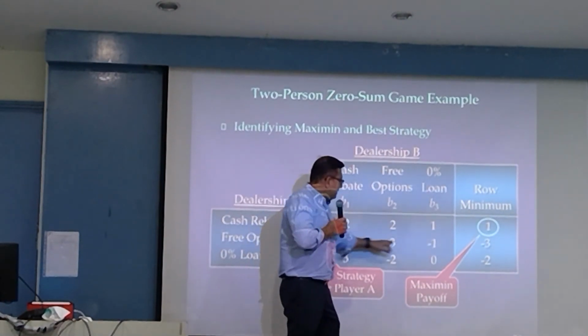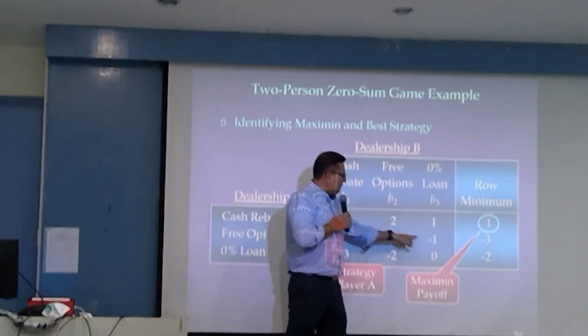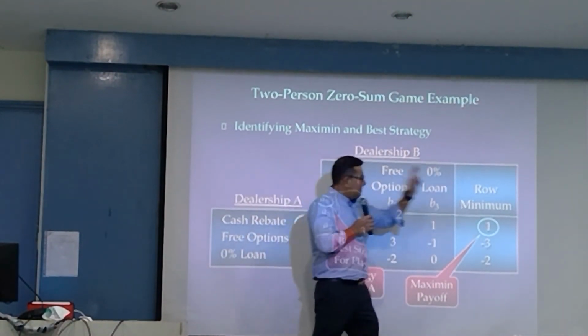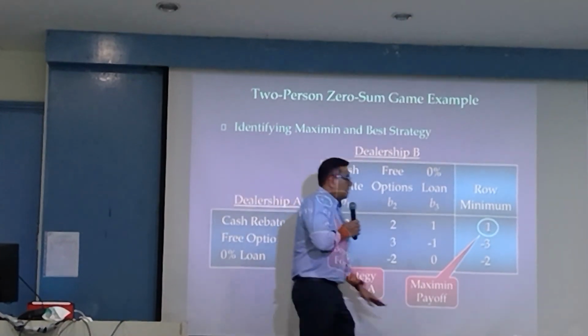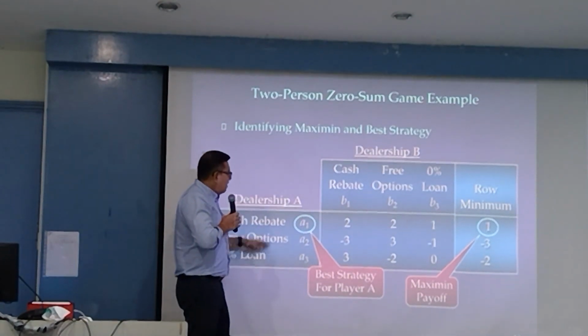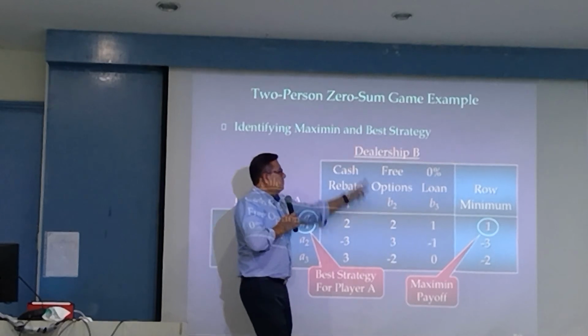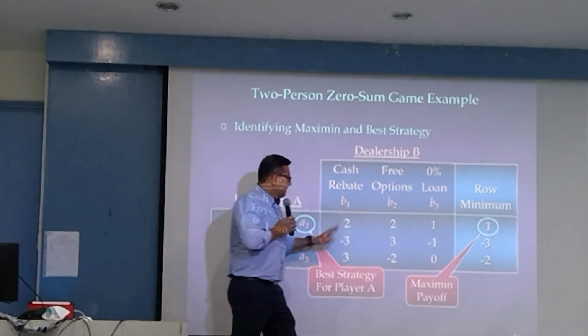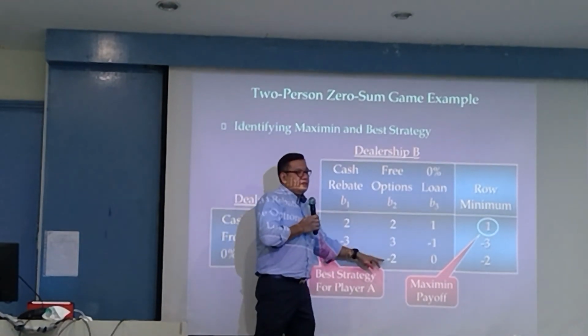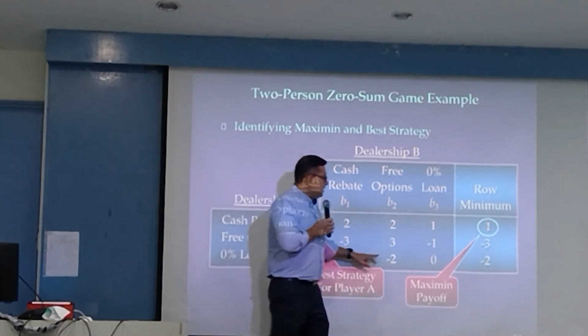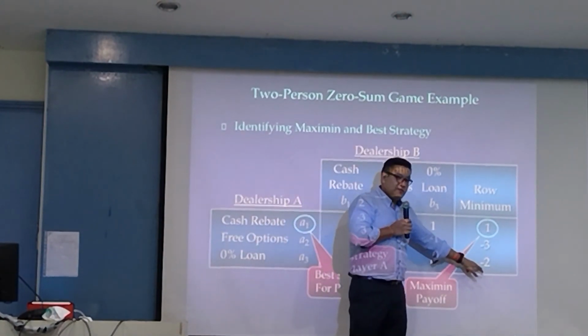So the minimum among minus 3, 3, and minus 1 is minus 3. So for A2 we select minus 3. And again, for the third strategy of dealership A, depending on each strategy of company B, the minimum that company A can gain is minus 2. This one.